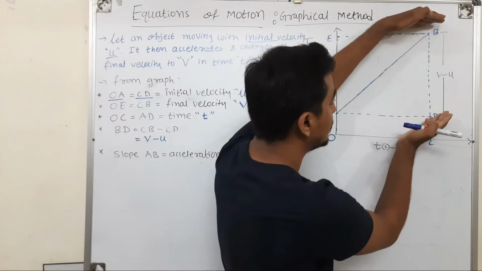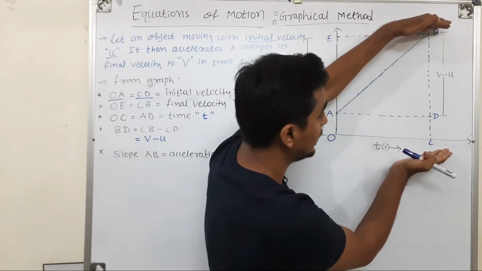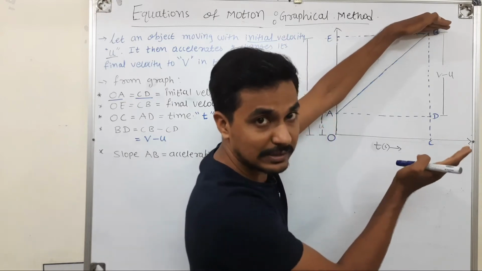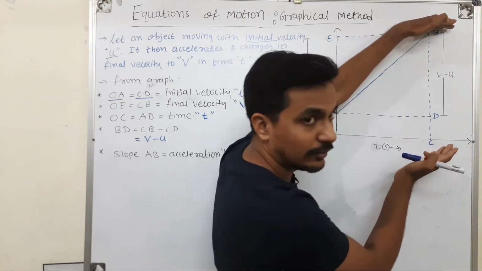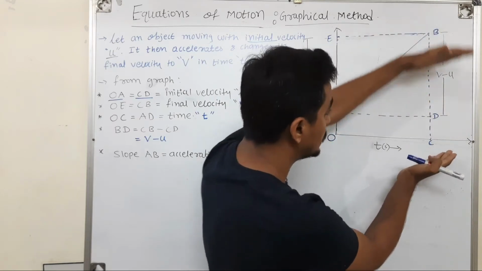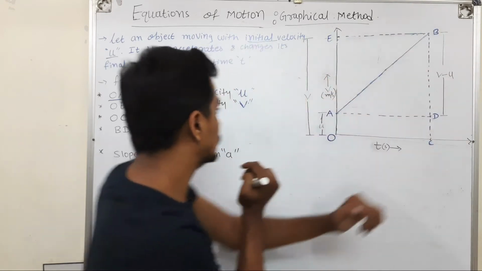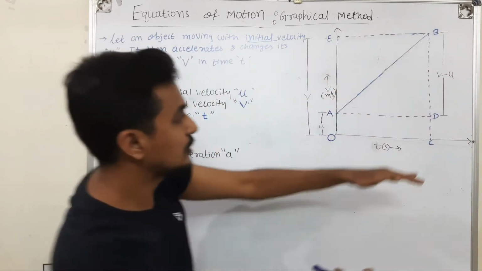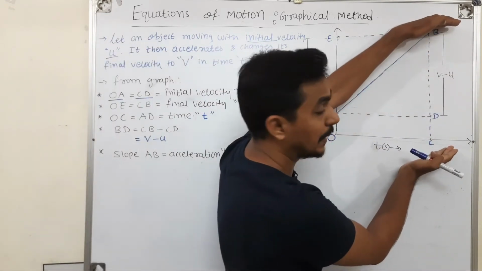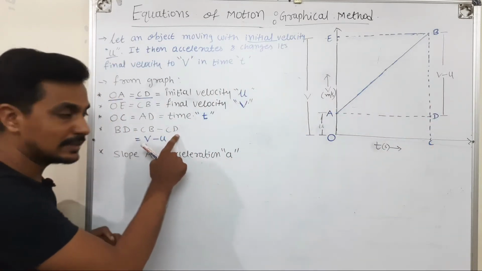And then we have this BD. Now, what is BD? If you subtract CD from CB, you will get this part BD. So BD is equal to CB minus CD.